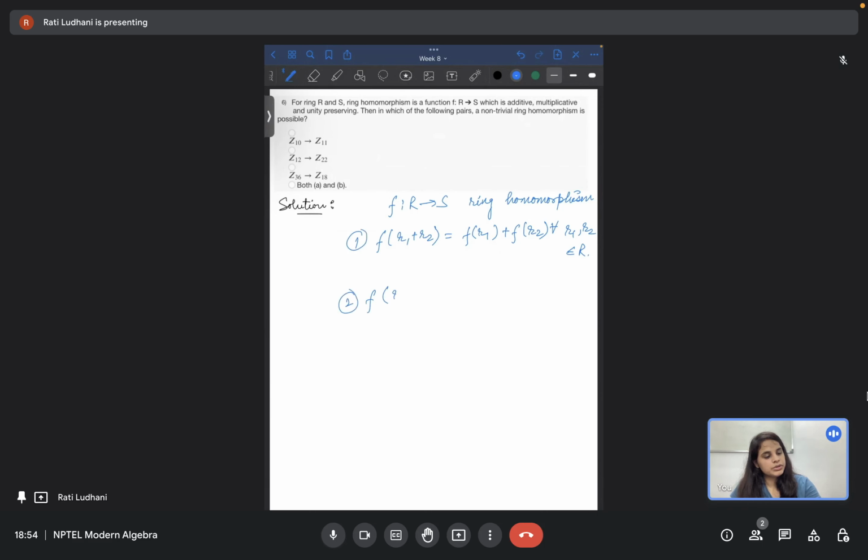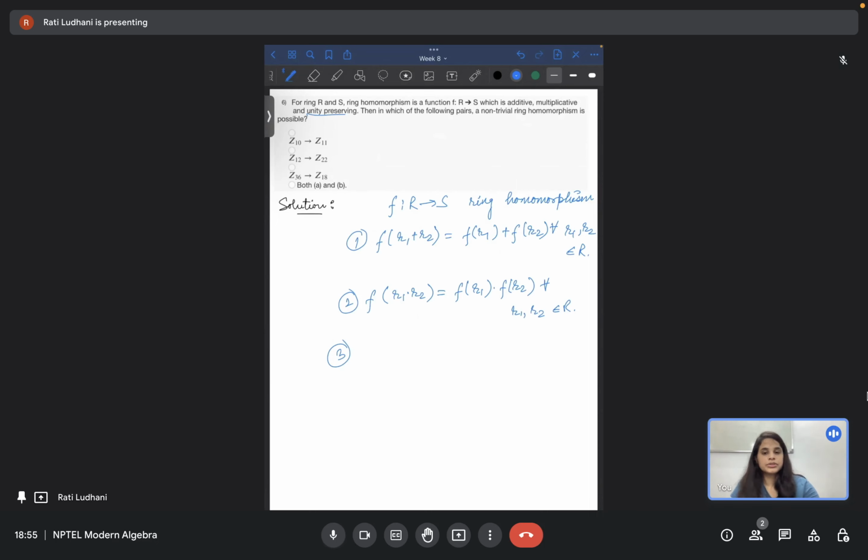That means if you take R1 and R2 and multiply them, then f(R1 R2) equals f(R1) f(R2) for all R1 and R2 belonging to R. What about third?